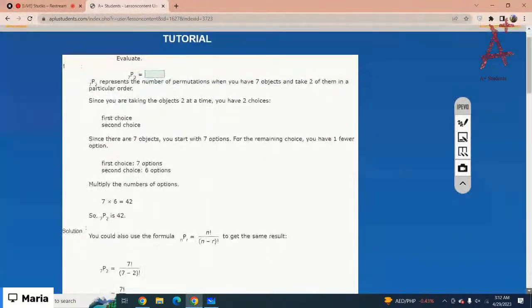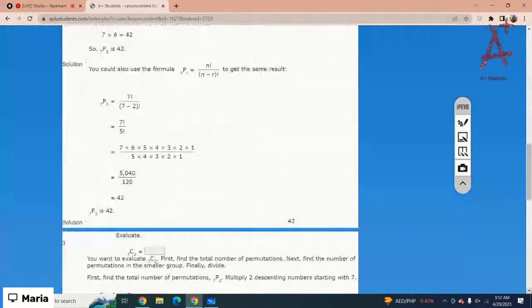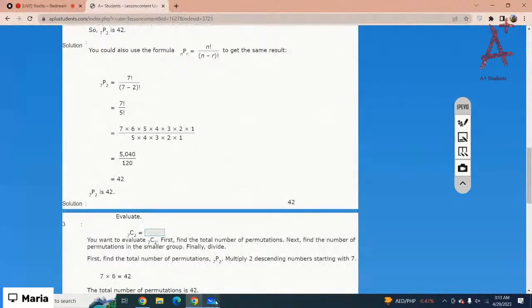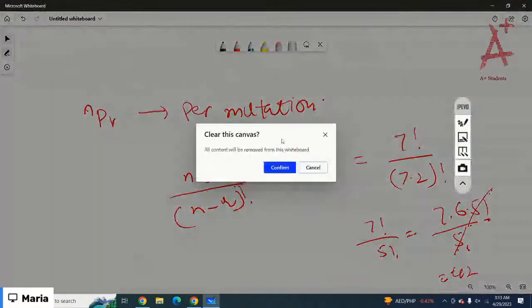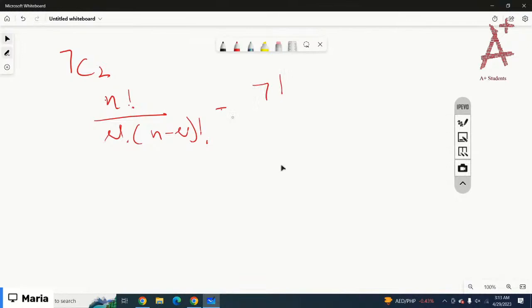And what if you need to calculate the combination? For the combinations, for example 7C2, you have to evaluate n factorial divided by r factorial times n minus r factorial. So you have to do 7 factorial divided by 2 factorial, because r is 2, and 7 minus 2 factorial.